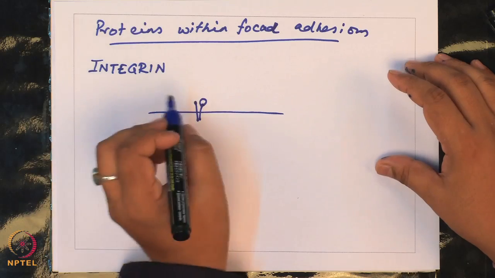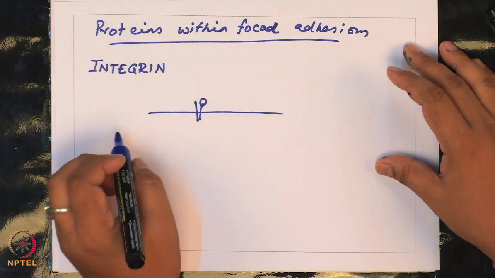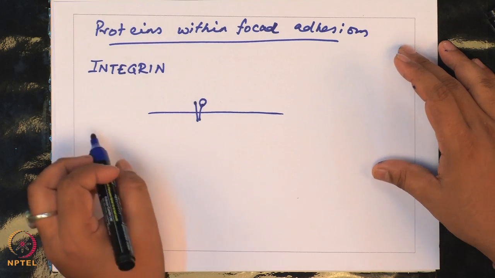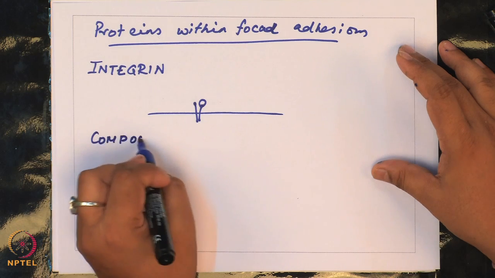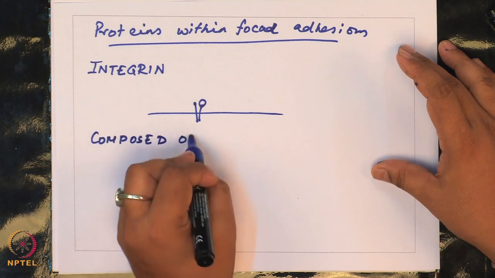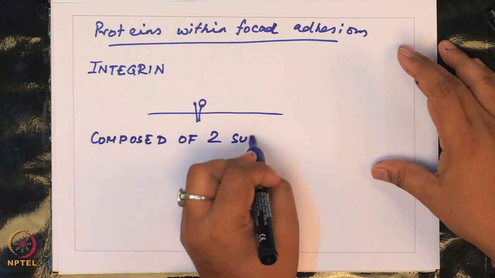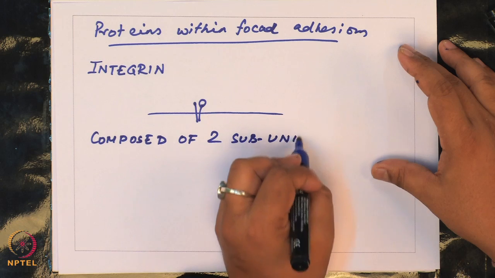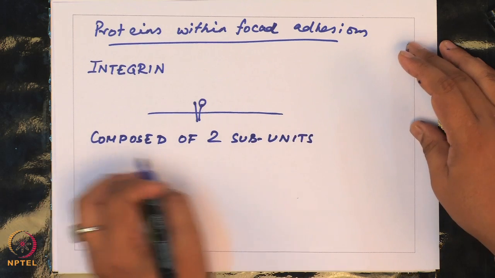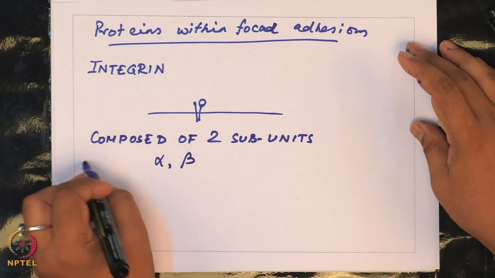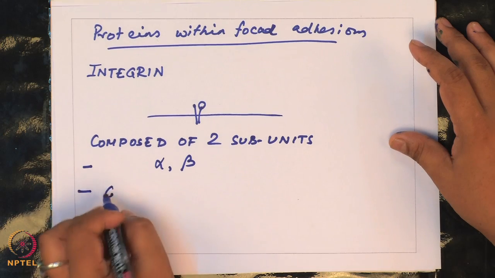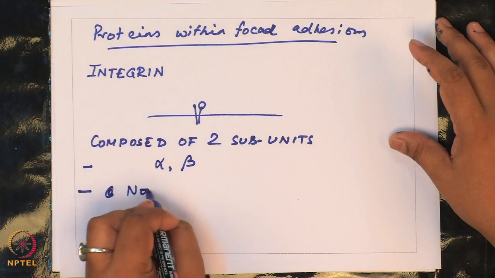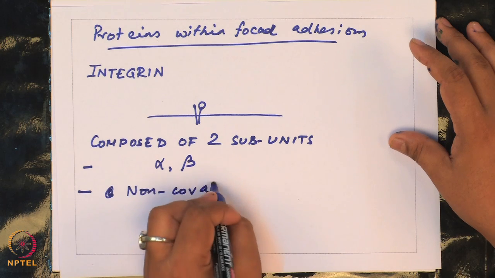So, integrin is composed of two subunits. So, these are alpha and beta, and these subunits are non-covalently linked.